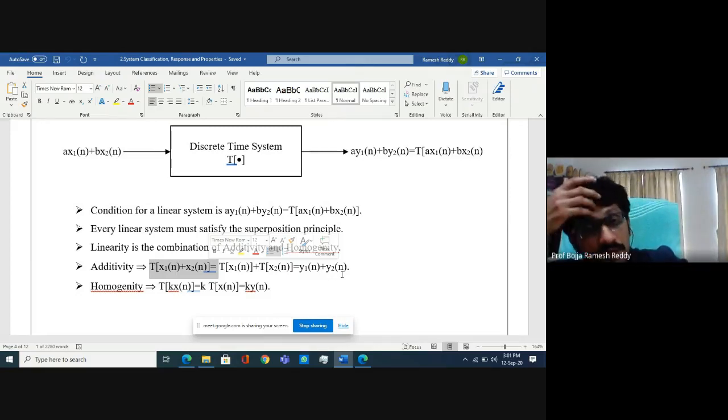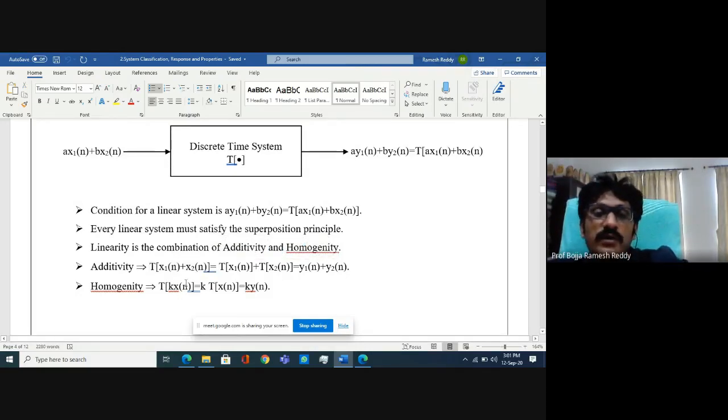Another one is homogeneity, which is a different property. Homogeneity means, if we know the input and output of a system, x of n and y of n, now apply the input as k into x of n, a constant times x of n, and observe the output.